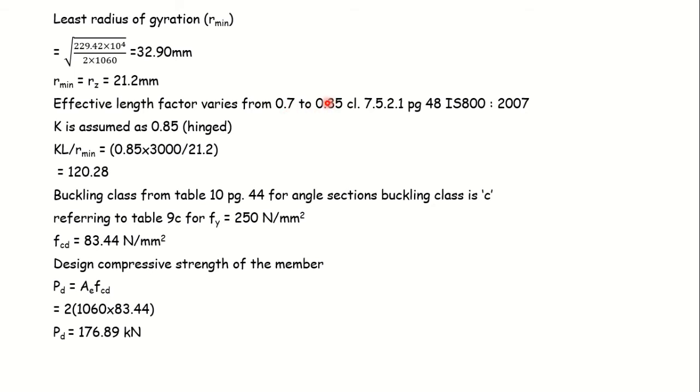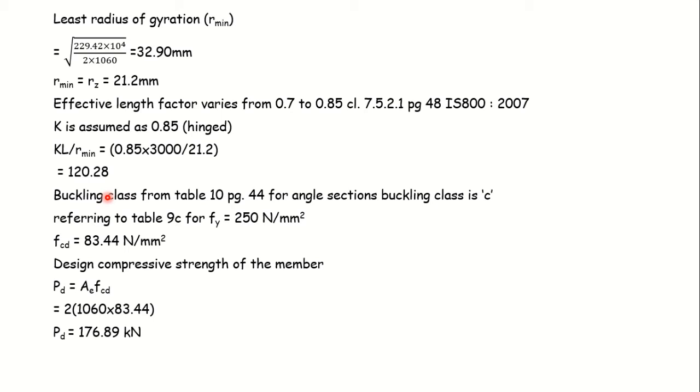It will be 0.7 for a completely fixed end. In this case the ends are hinged, so the K value is 0.85. So the slenderness ratio KL by r minimum is 0.85 × 3000 divided by 21.2, which comes out as 120.28.